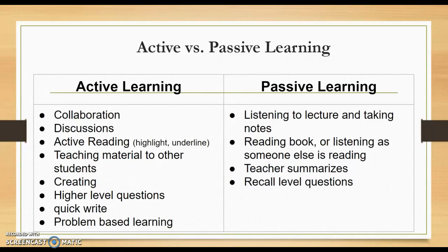Have the students create something. Draw a picture. You read this passage, draw a picture of what that would look like. Those different types of things. We touched on this before with those higher level questions. Problem-based learning, some different ways that really get the students to be active in their learning rather than just sitting back and absorbing information.